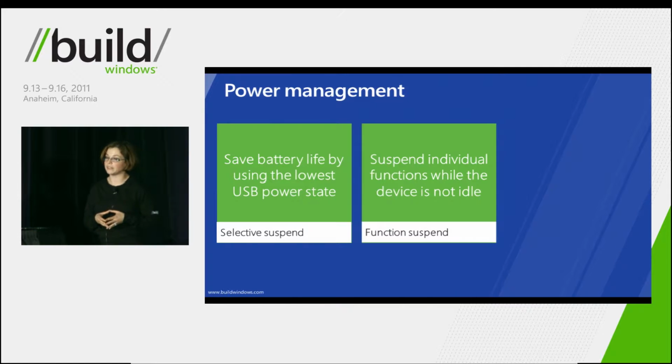Function Suspend allows you to suspend a certain function of the device without the entire device needing to be idle. For example, if you have a multifunction printer device at home, most likely it will have a printing component, a scanner, and a storage. It is very unlikely that the customer will be using all three at the same time. So what you could do is suspend the scanner and the storage pieces, while at the same time you keep the printing piece active, listening for any incoming print jobs.